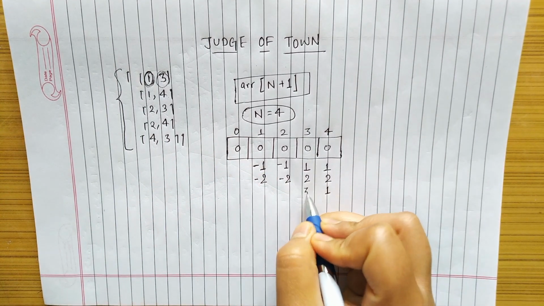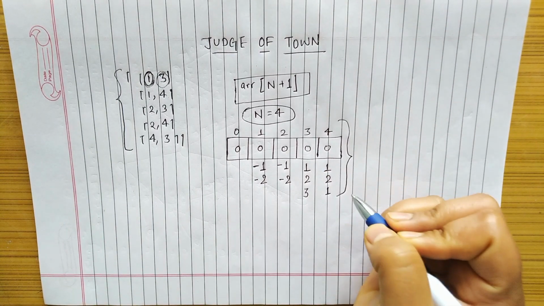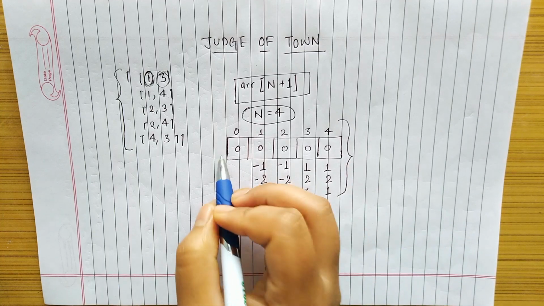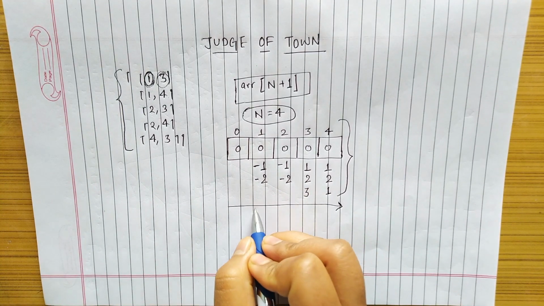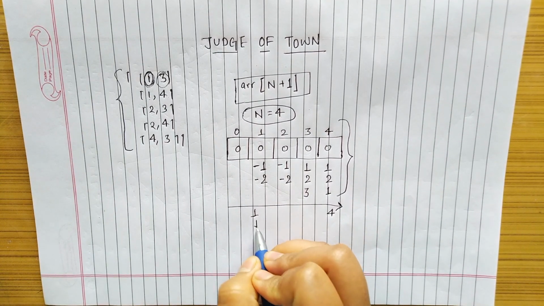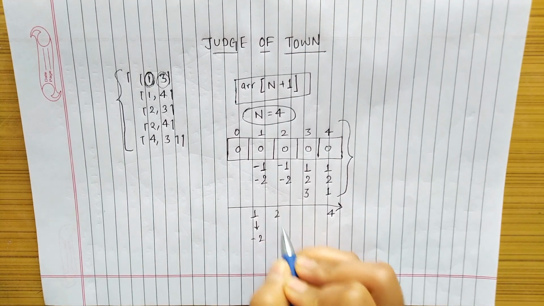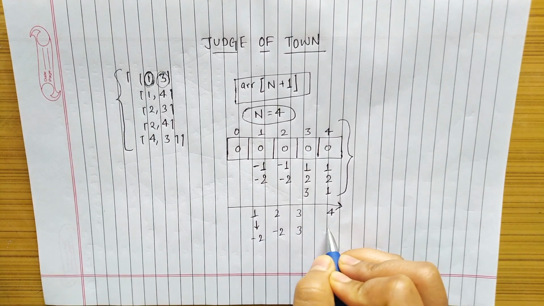it becomes 3. At the end, after making this array, we traverse through it from 1 to 4 and check out the values. For 1 we have -2, for 2 we have -2, for 3 we have 3, and for 4 we have 1.